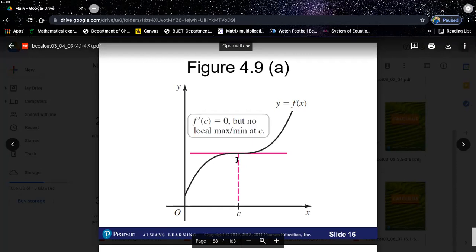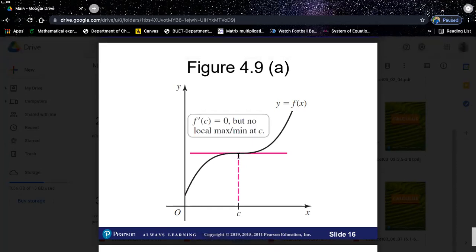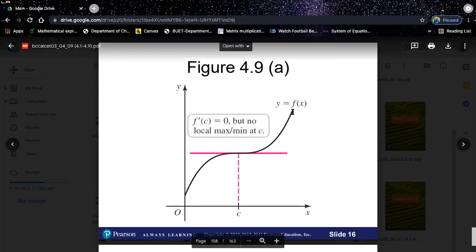And at C, you could see the first derivative is 0, right? The first derivative is 0, but there is no local minimum or maximum here. Do you agree? Because if you consider this point, you could see there is a lower value here and a higher value here.